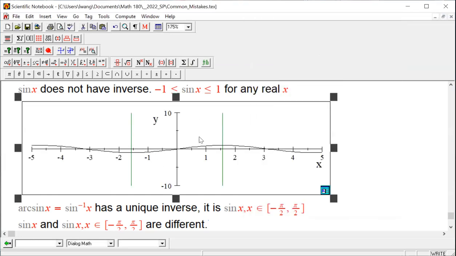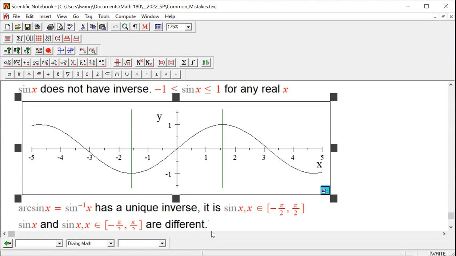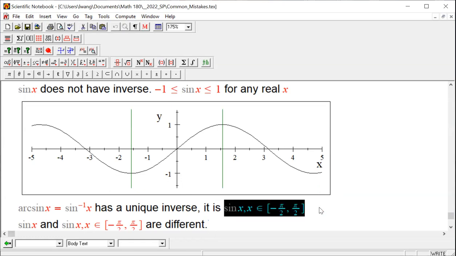Okay, I have to make some adjustment. So this sine is just a piece between the two green critical vertical lines.